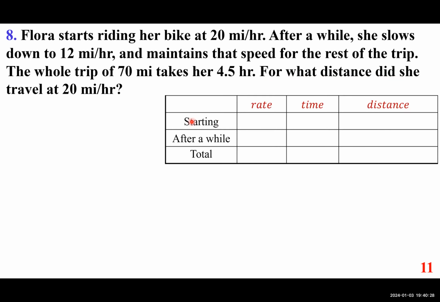So we have the rate, time. Remember, this is a motion problem. D equals RT, everybody. R is the speed or rate, T is the time. So let's plug in everything that we have here. We start, and then after a while, and total.